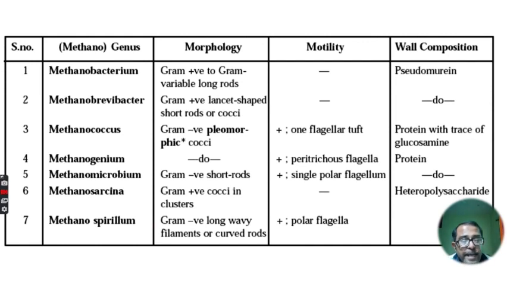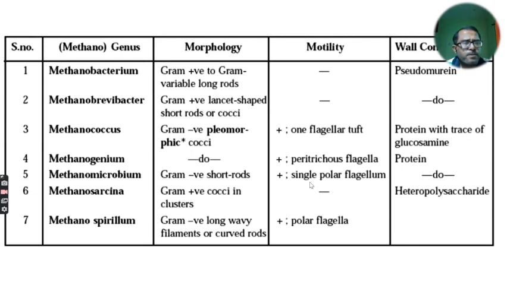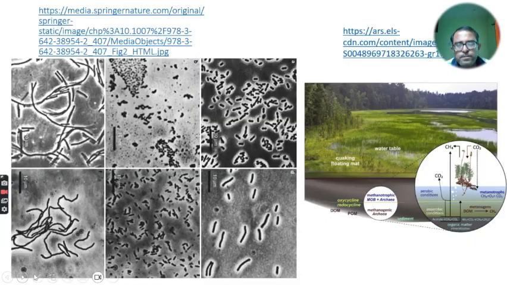This is a gram-negative long, wavy, filamentous or curved rod. And they have polar flagella. The cellular composition of this genus is not studied yet.